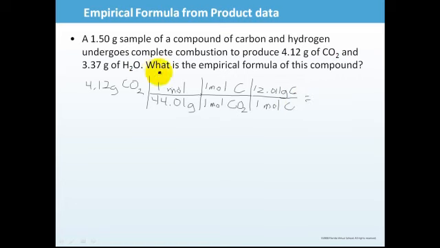Okay, so going back through here now, right, the grams of CO2 canceled out with the grams of CO2. The moles of CO2 canceled out with the moles of CO2 here. And then the moles of carbon canceled out with the moles of carbon here.